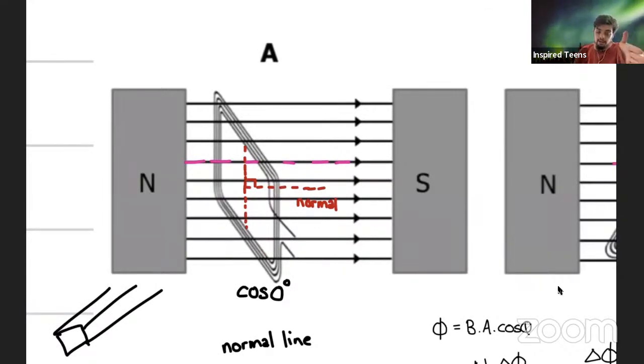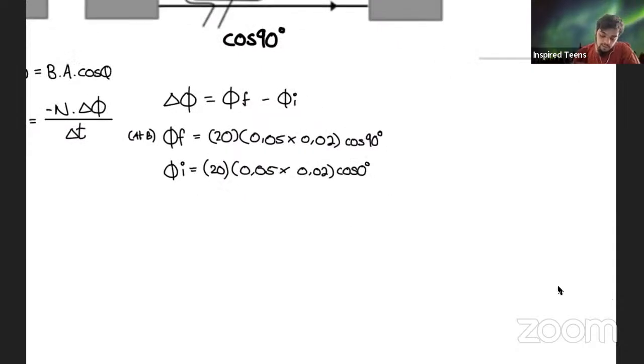Since it was upright, its normal would be perpendicular to its surface, facing to the right or left in the horizontal plane. The magnetic field moves from left to right, and the normal is also pointing to the right. So it's parallel, and in that case, we used 0.